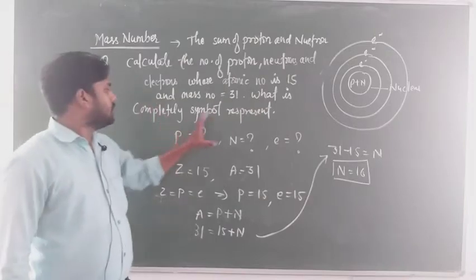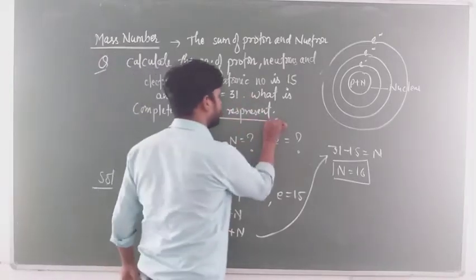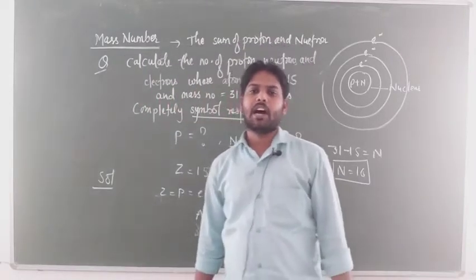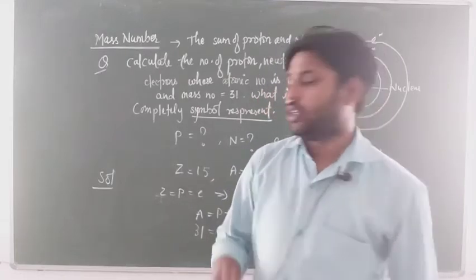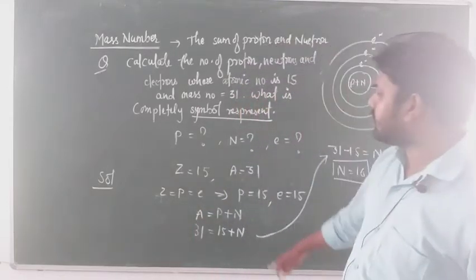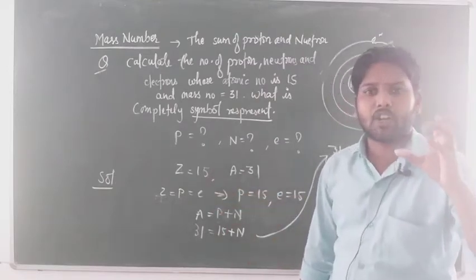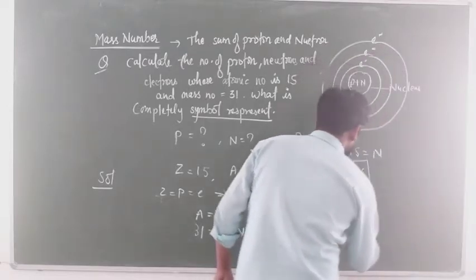Now the last question is, what does the complete symbol represent? Students, atomic number always represents the symbol. Here atomic number is given, 15. So which element has atomic number 15? We have phosphorus.